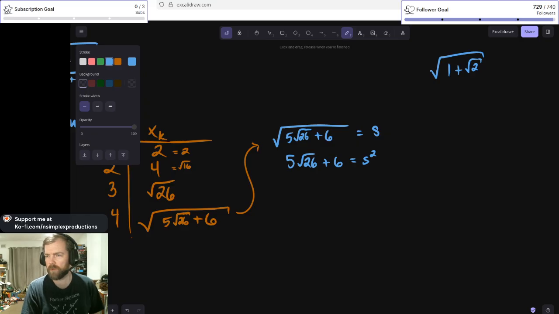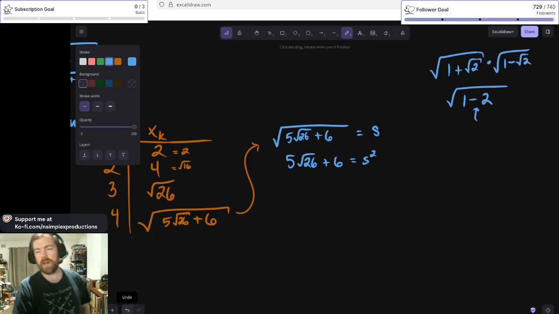I think there's a way to do it by multiplying by square root of 1 minus root 2. Messes with stuff a little bit. Right. This is much nicer, although it does give us an imaginary number. So that does not technically work for what I was doing.